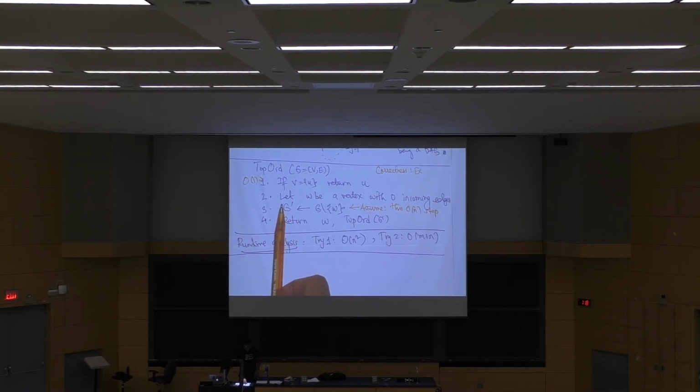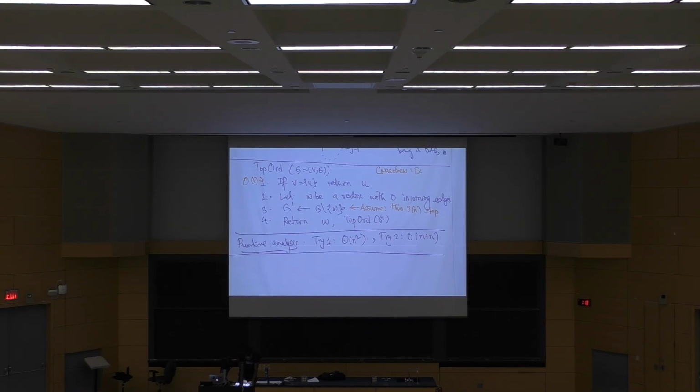The next thing we have to figure out is this vertex W, right? And so if we have to figure out a vertex W that has 0 incoming edges, the first step, maybe we should figure out, if I tell you a candidate W, can you quickly figure out whether that vertex has in-degree 0 or not?